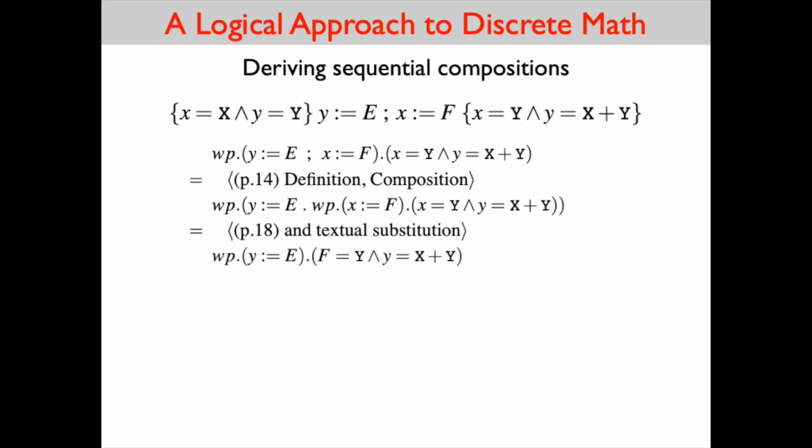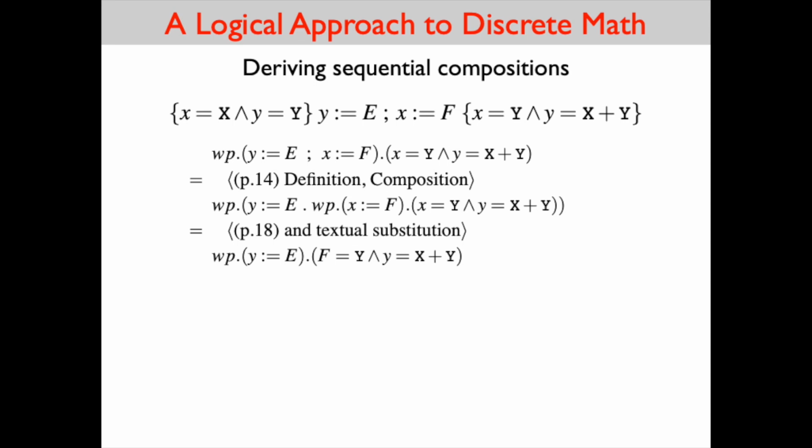So we bring down the weakest precondition dot y gets expression e, and then the postcondition with everywhere there's an x replaced by f. Now what we have is the weakest precondition of y gets unknown expression e dot f equals rigid y, and y equals rigid x plus rigid y.